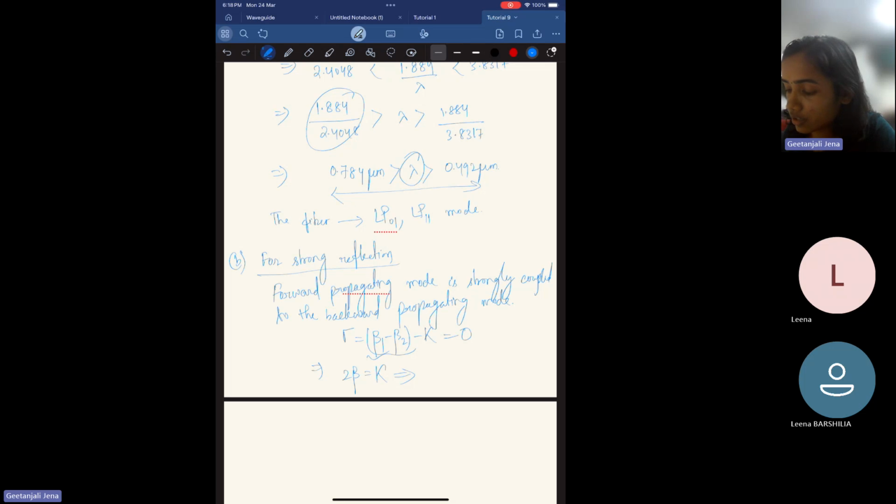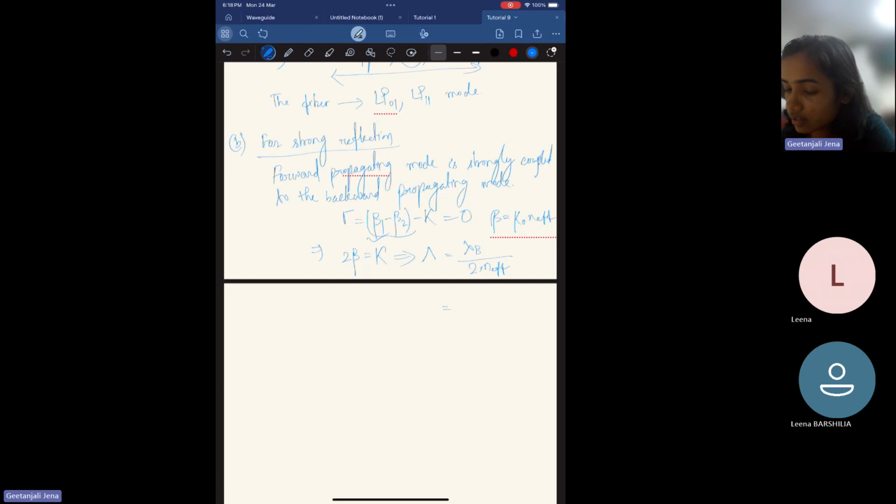And if you solve it, take beta as k0 times n effective, and kappa as 2 pi over the spatial period. So this will give the spatial period as lambda B, which is the Bragg wavelength, over 2 n effective.